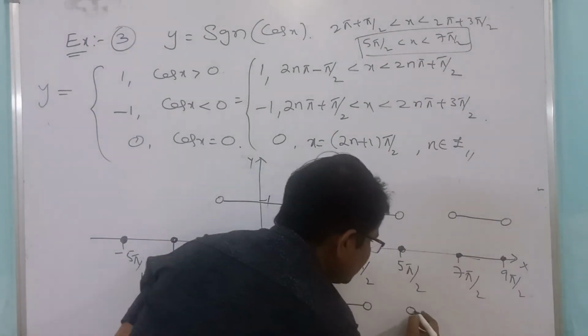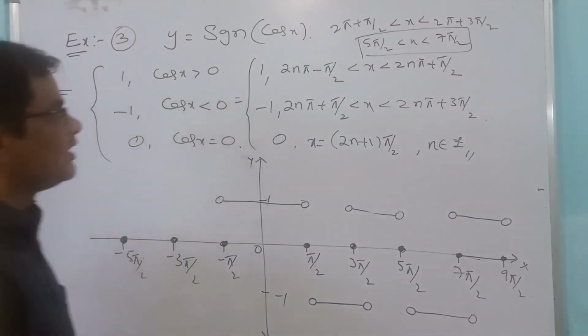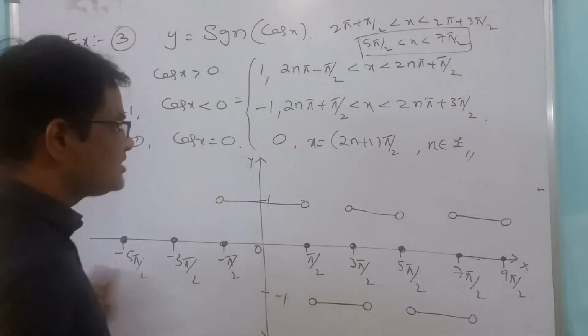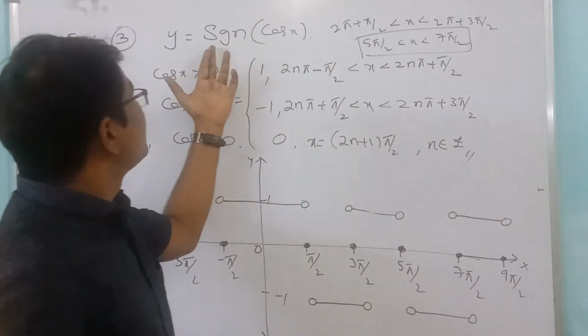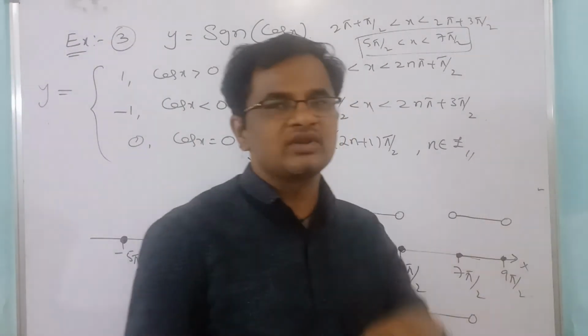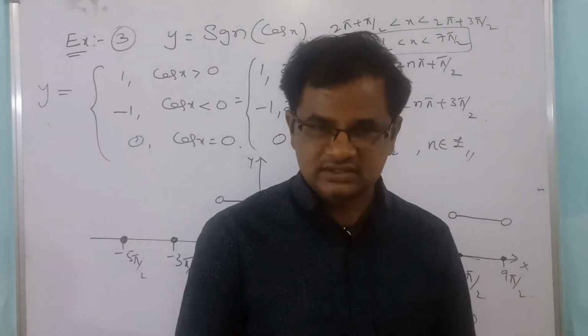Like this, also substitute negative values, n equal to minus 1, n equal to minus 2. Like this you will get the graph of y equal to signum of cos x. Okay? Right. So this is about the signum of x, or signum of f of x. Right? Okay, time.